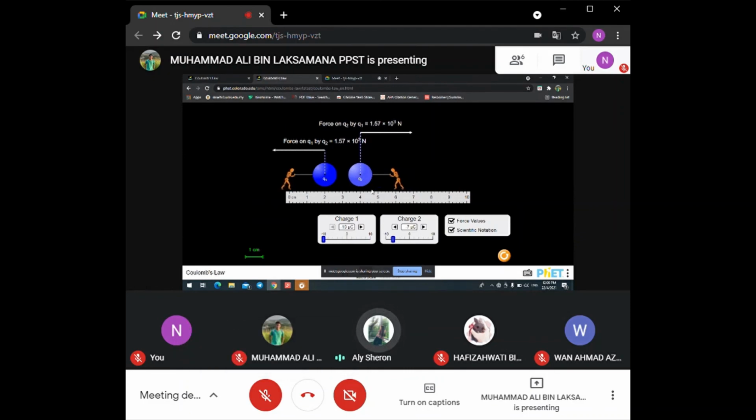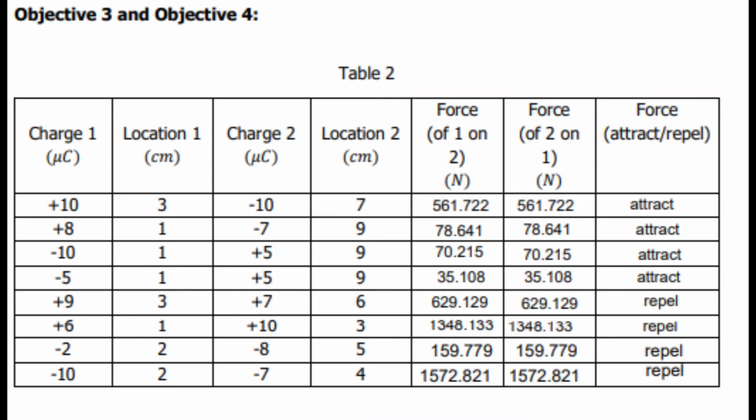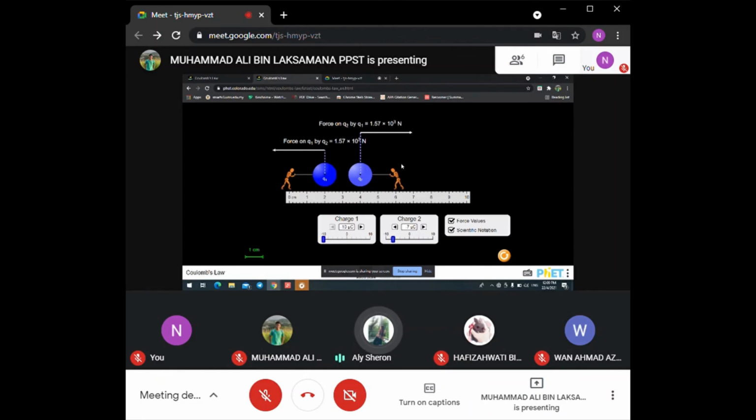The force of charge 1 on charge 2 is 1.57 times 10 exponent 2 Newton, and from the simulation, the force is repulsive. That's all for the results for objective 3 and objective 4. We proceed to the conclusion.